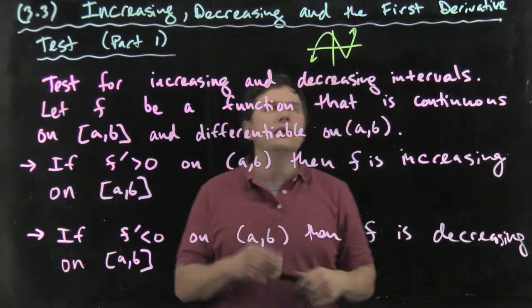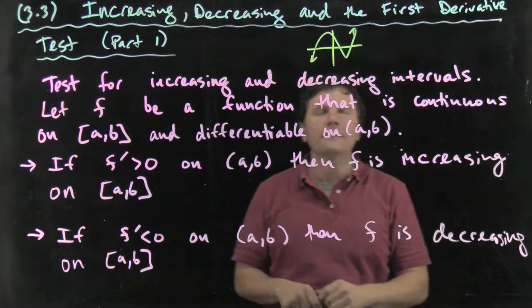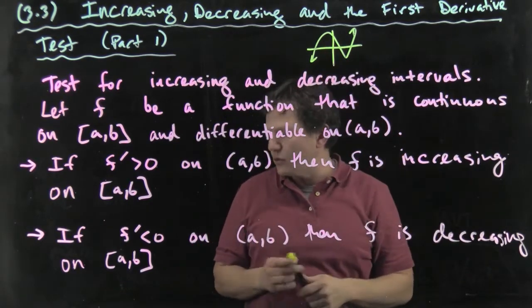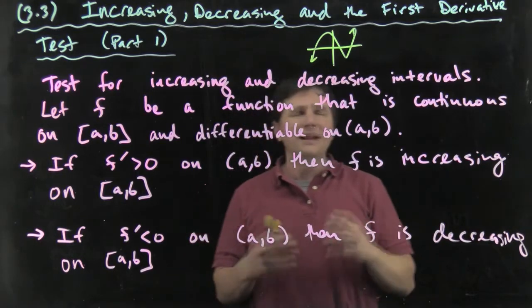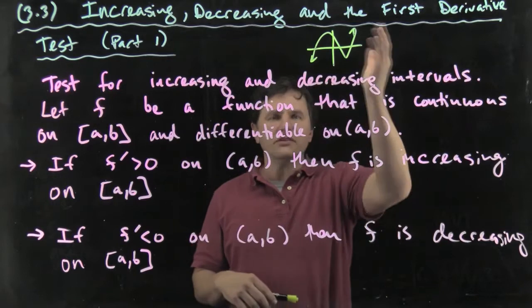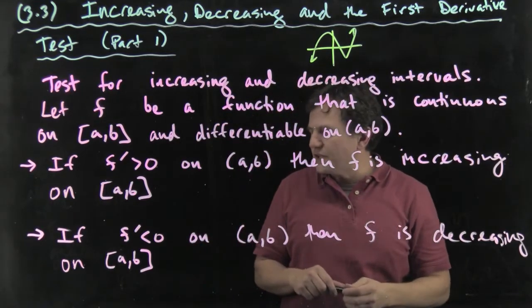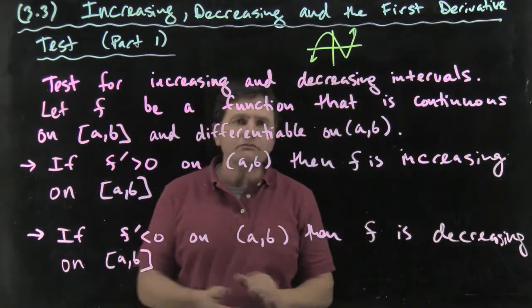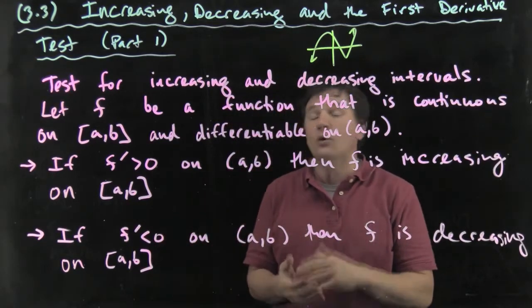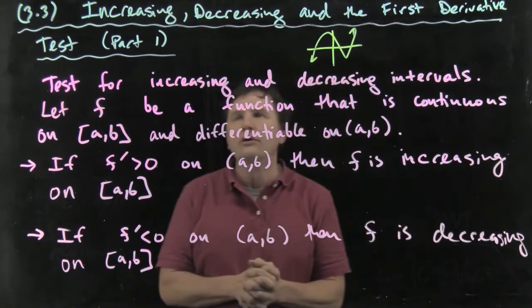And conversely, if we have a function that's decreasing left to right, a value on the left is going to be greater than a value on the right. But I think for the most part, we think of this very intuitively. If the function is increasing, it means it's going up left to right. If it's decreasing, it means it's going down left to right. Today, we're going to be able to indicate that or find these intervals using calculus.